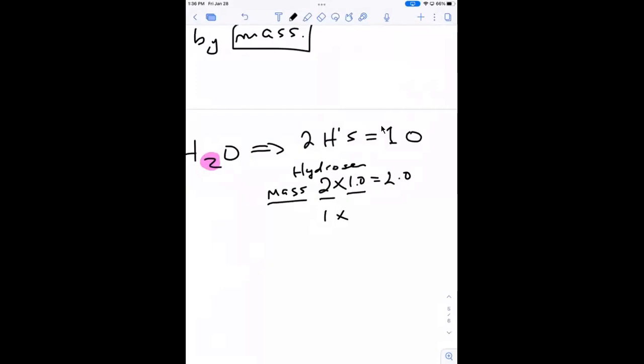What do we say the atomic mass for oxygen is? All right, it's 16. So the mass ratio for this compound, which is water in this case, is going to be 1 gram of hydrogen for every 16 grams of oxygen, right?